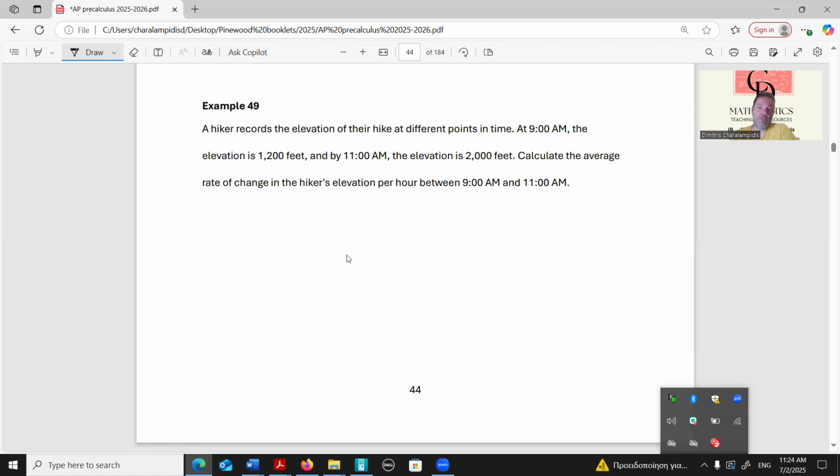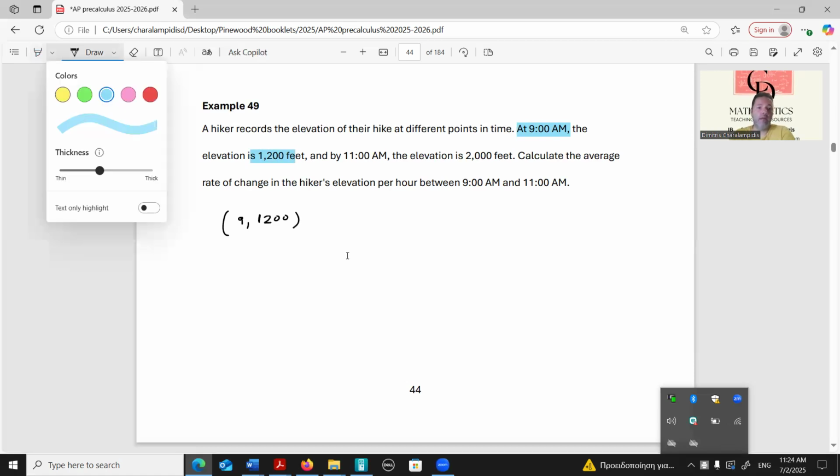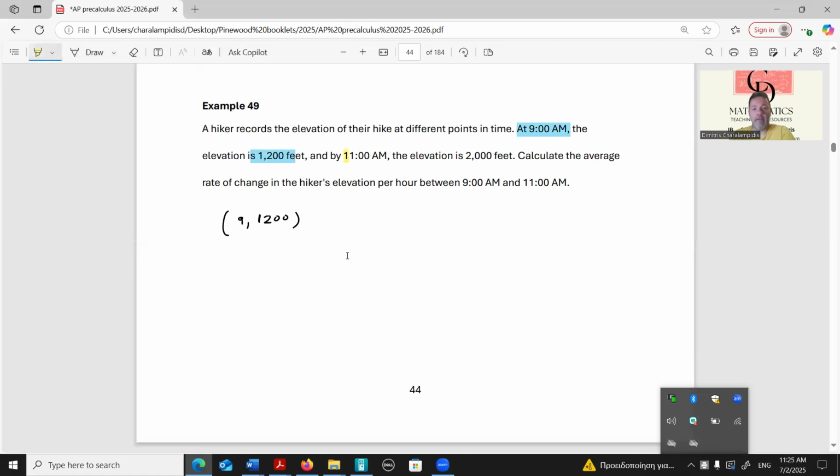Okay, so we assume that we have a function that gives the elevation in terms of time. The 9 a.m. and 1,200 feet create this point, while the 11 and 2,000 feet create that point.